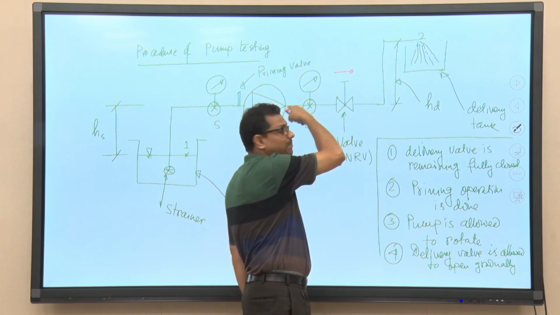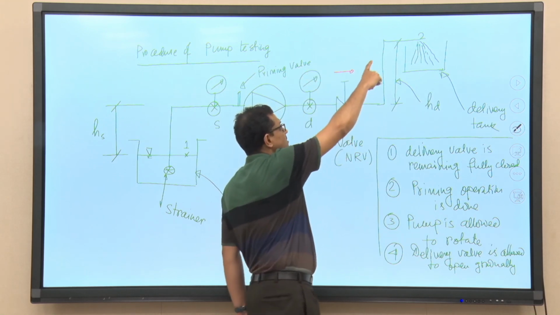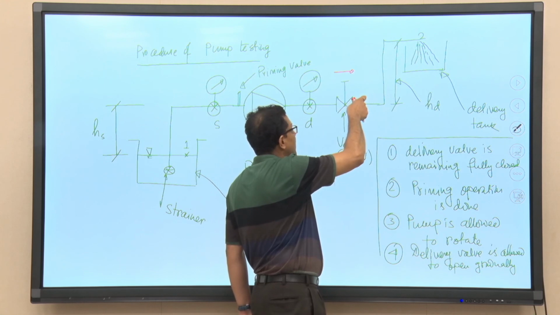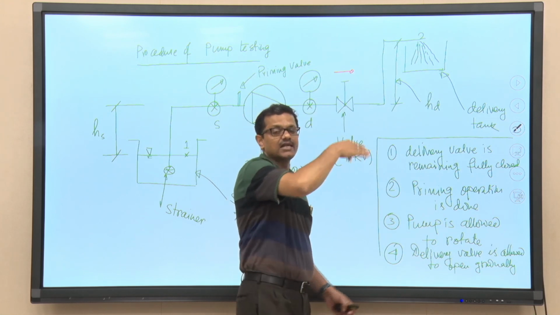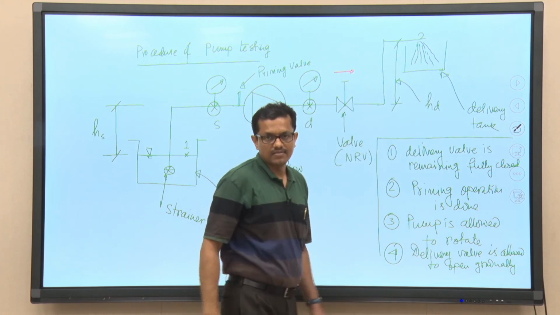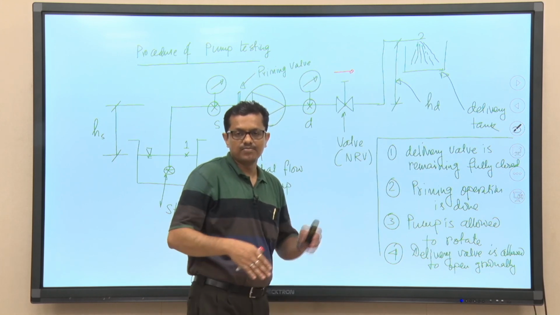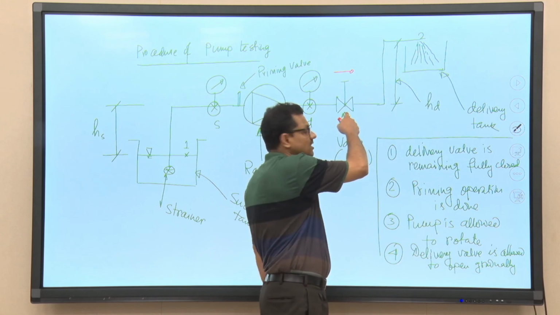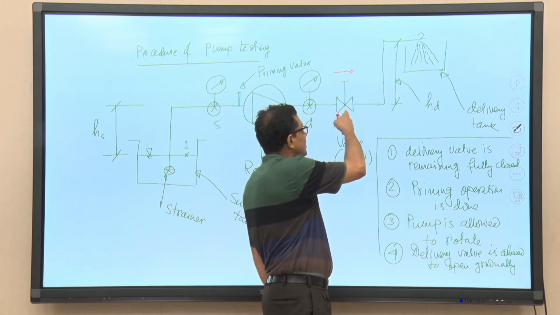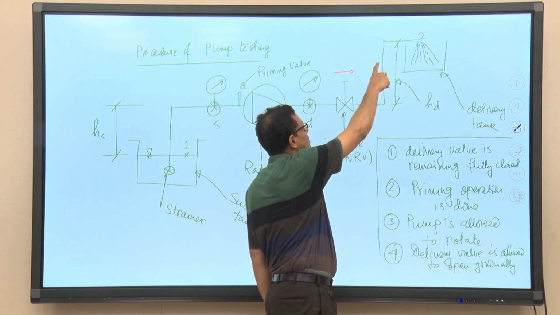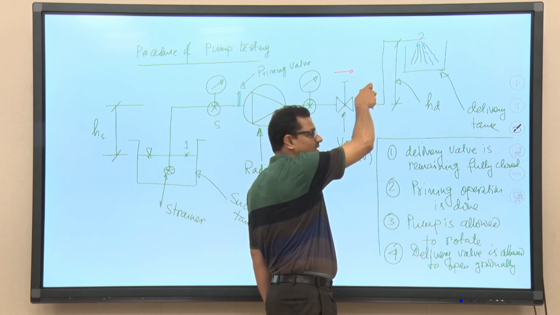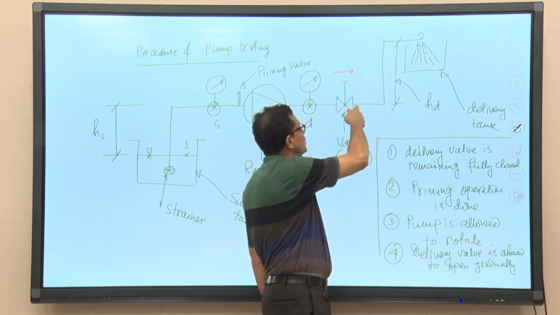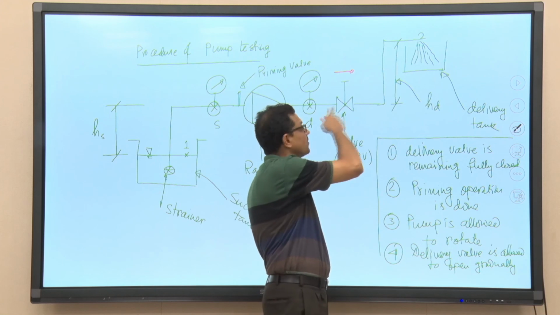So, if the pump stops suddenly, this liquid column will come back and eventually strike the pump impeller, and it may damage the bearing, affecting the performance of the bearing. So, what is done? This non-return valve is provided. In any case if the pump stops, the liquid column in the static height will definitely try to return, but it won't be able to go into the pump because of this non-return valve.